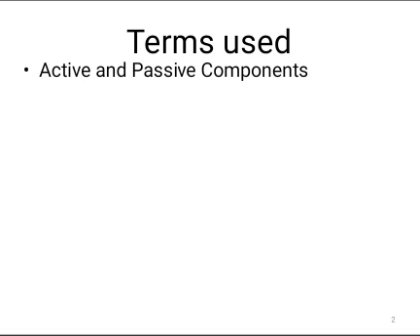Examples: resistors, capacitors, inductors, etc. The active components are non-linear and unilateral, but passive components are linear and bilateral.